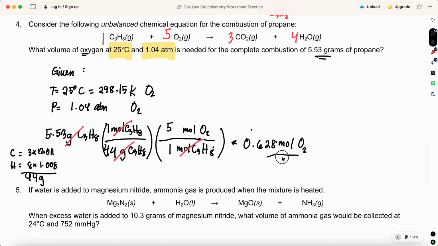We know that mole is denoted by n, 0.628 mole of O2.